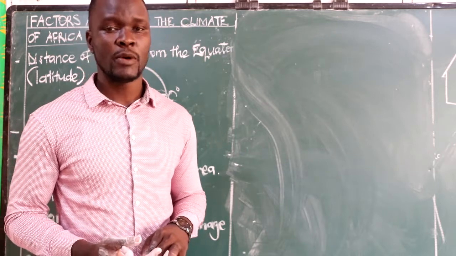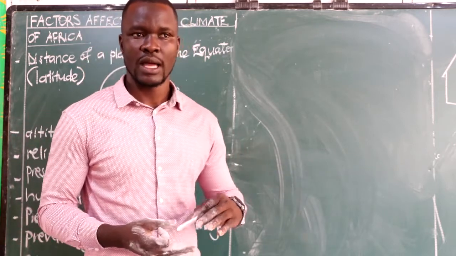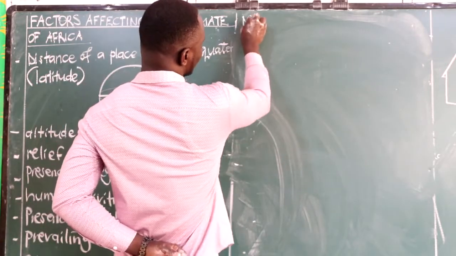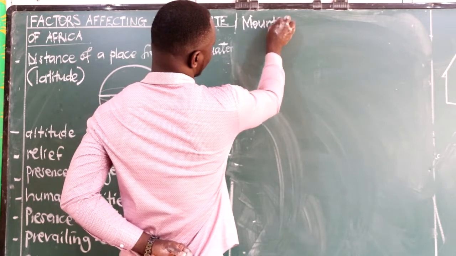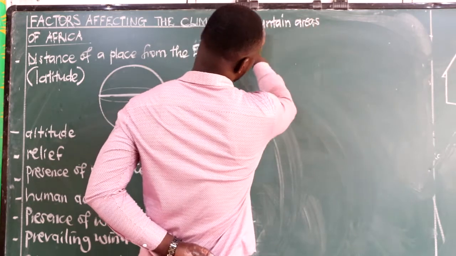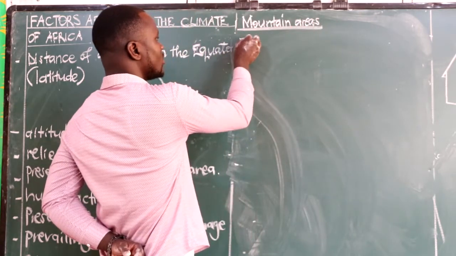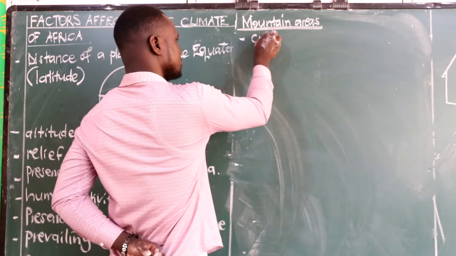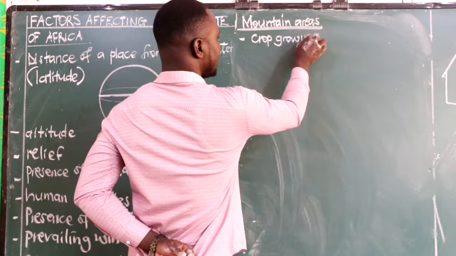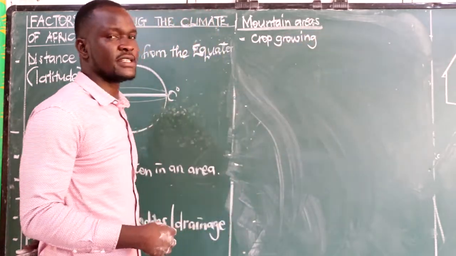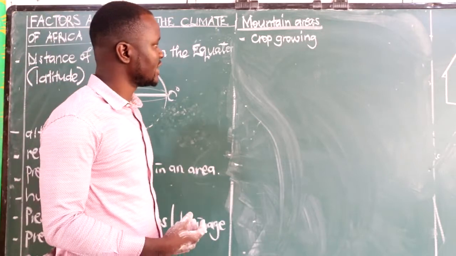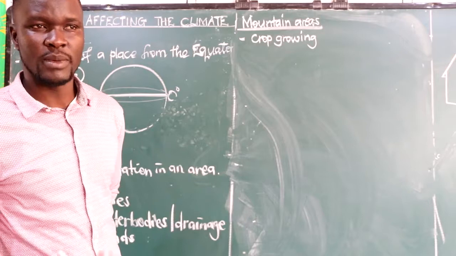Therefore, when it comes to activities, since the areas have cold climate, in mountain areas, what happens here is people grow crops. Crop growing is done. Why? These areas receive a lot of rain, which means this rain will help to make the crops grow well.